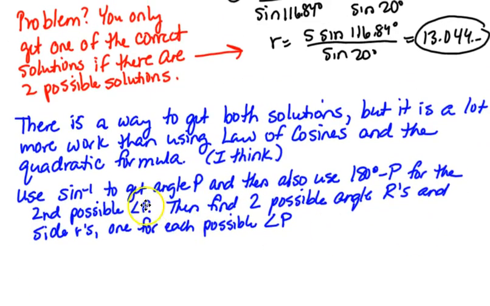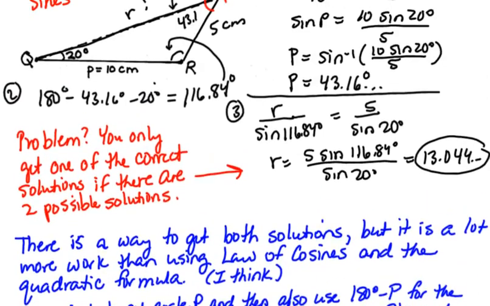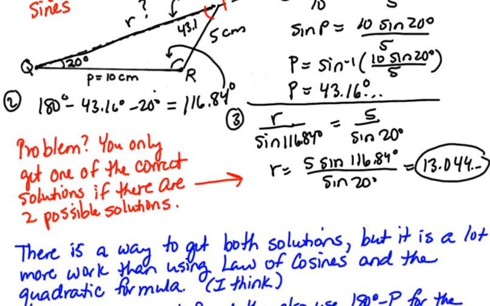So I'm going to use inverse sine to get angle P, and then also use 180 minus that for the second possible P. So I'll have 43.16, or 180 minus 43.16, that would be the other possible P. If there's a different possible P, that means there's a different possible R. So I would have two different part 3s, one with this value for R, and one with the other value for R, and I would get both sides that way.